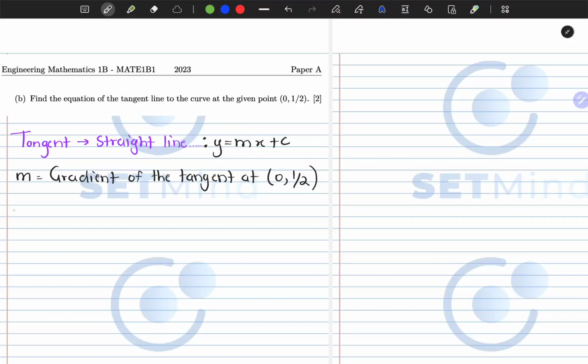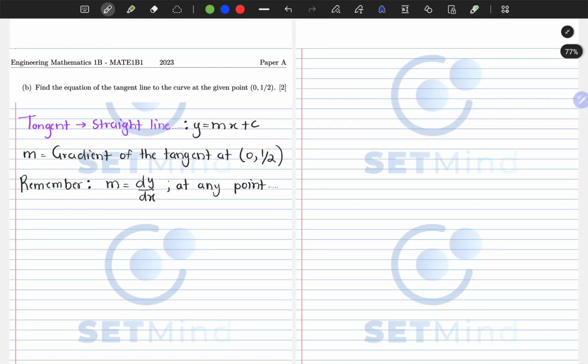But there's something very important you need to remember for this problem, which is that your m is equal to dy/dx. So your gradient is given by your derivative at any point. So this would be our m at any point. We just need to be given that specific point, and we will be able to find the exact gradient.